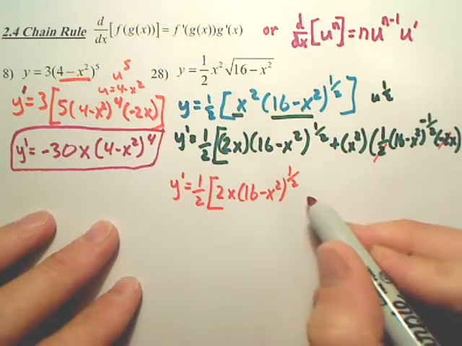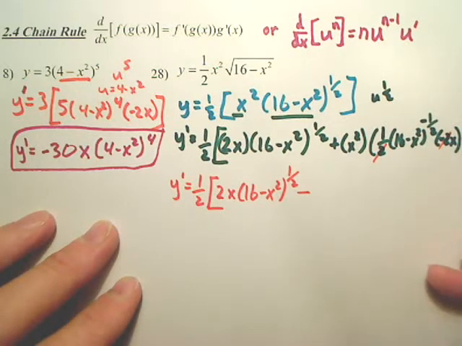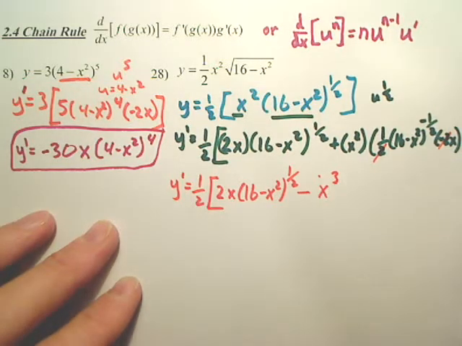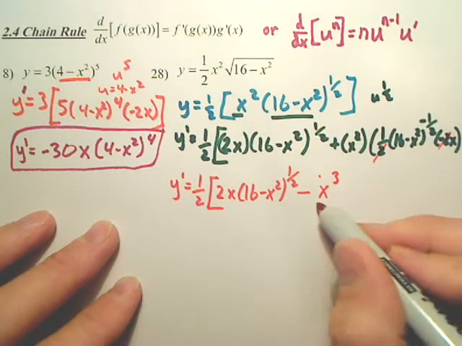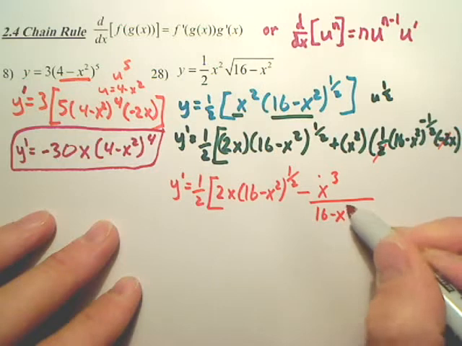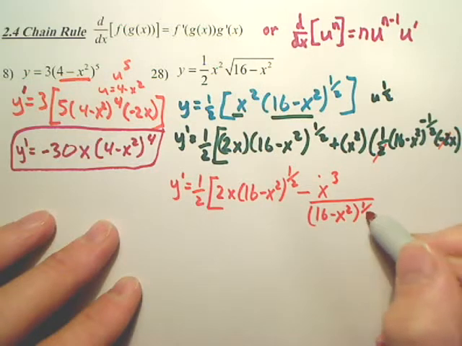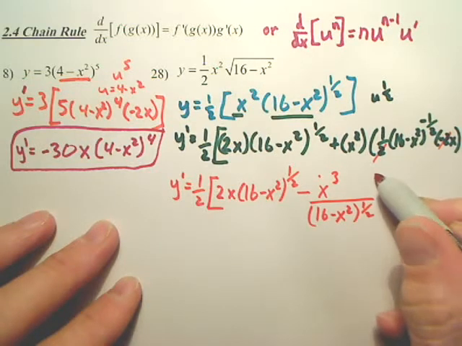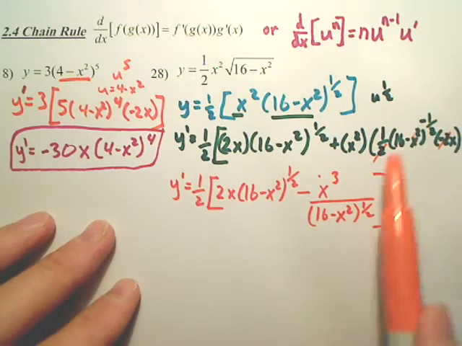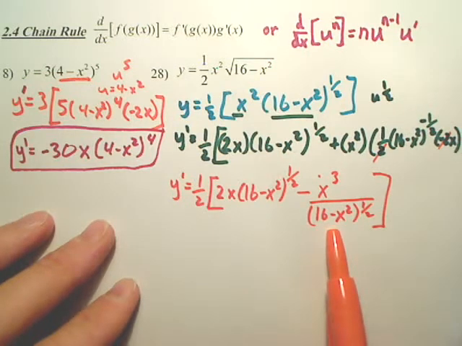Can you also see that it becomes a minus because of the negative, and an x times an x squared gives you x cubed? And then isn't it also going to be over 16 minus x squared to the 1/2? Sorry, my brackets are a little funky, small and big. Are we okay that the negative power drops it to the bottom?